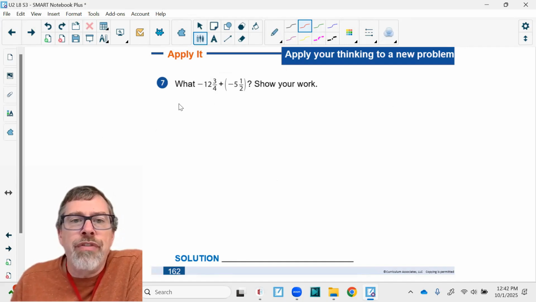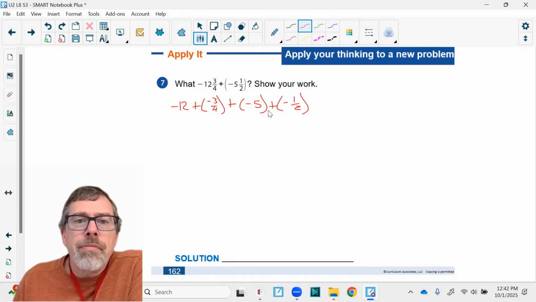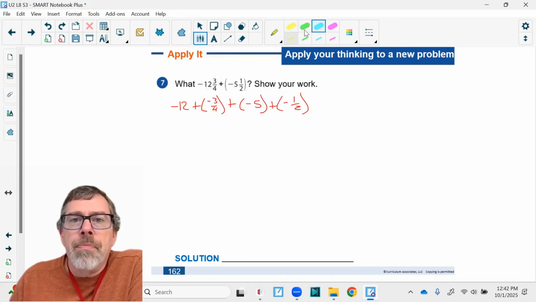Split up the integer from the rational. Negative 12 plus negative 3/4 plus negative 5 plus negative 1/2. Okay, just split everything up. Then I'm going to highlight. Okay, this is an integer. This is an integer.